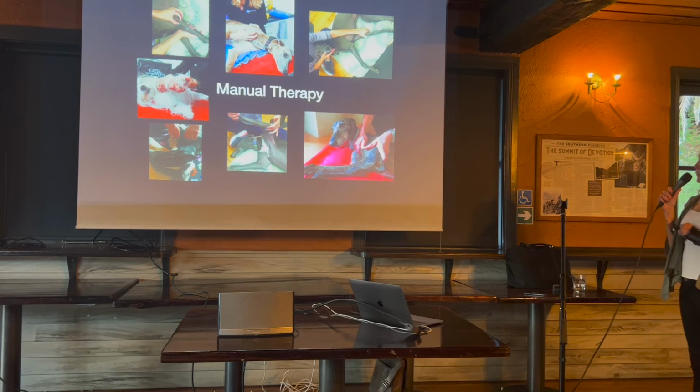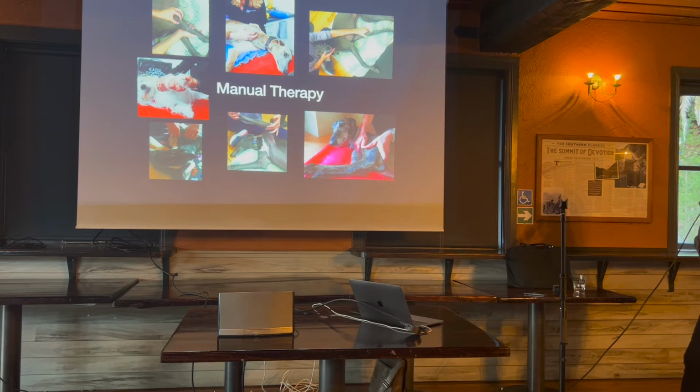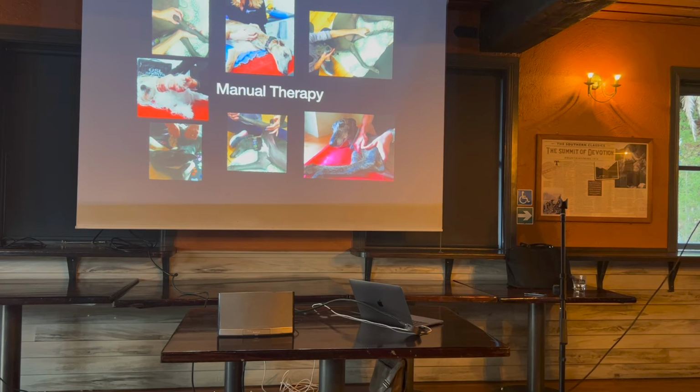And then we'll move into stretching because you need a good proper muscle length in order to have proper biomechanics and function, and then we'll do passive range of motion and things like that. But we also are always looking at the compensations of the body and treating those as well.